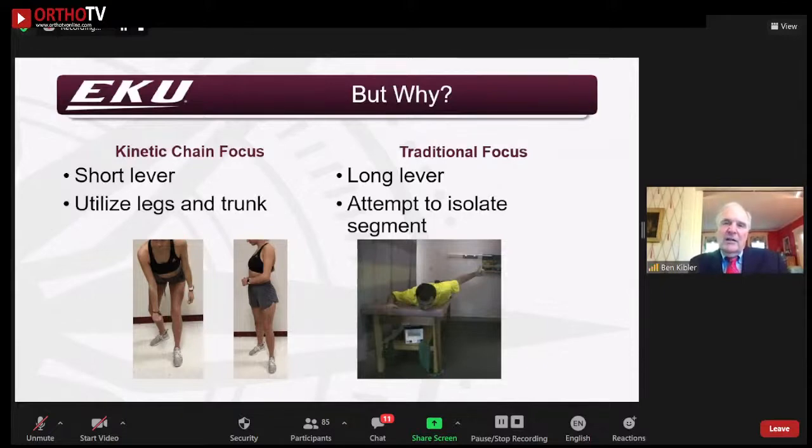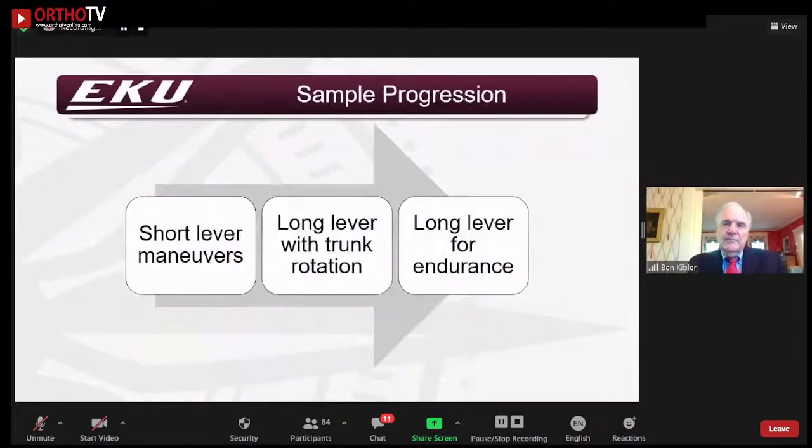You try to integrate the segment because this is the way the body works. Now, occasionally you have to isolate to really activate, but once again, this is in a closed chain environment, not with an open chain with the arm exposed to gravity and force. So the progression is short lever arm maneuvers to a long lever arm facilitated by trunk rotation, and then you use long lever arm.